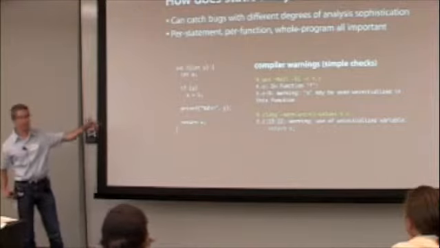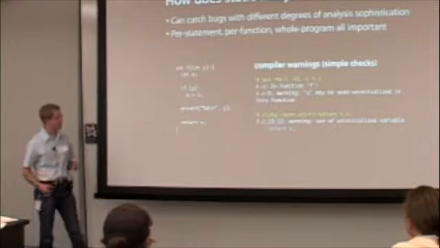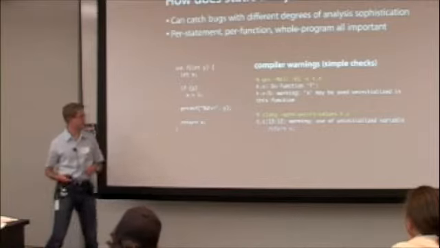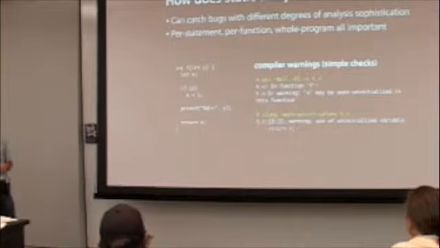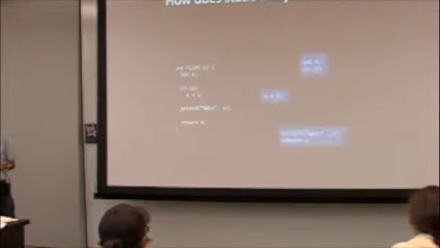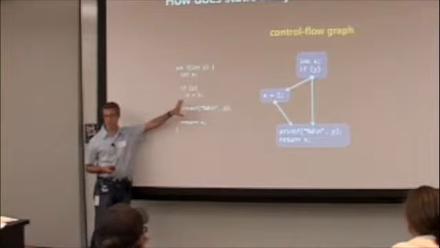Both GCC and Clang, as part of their standard compiler warnings, can emit a warning for this. Clang actually shows you the use of the variable. So this is actually an accurate error. And so what's going on here? So this is a source level control flow graph.